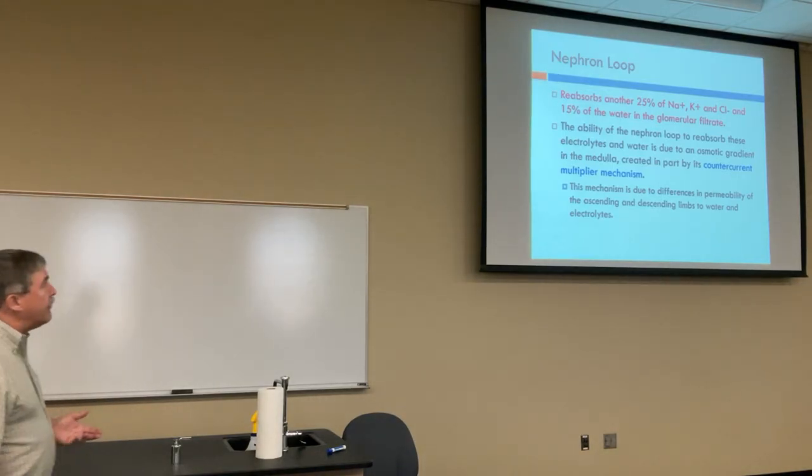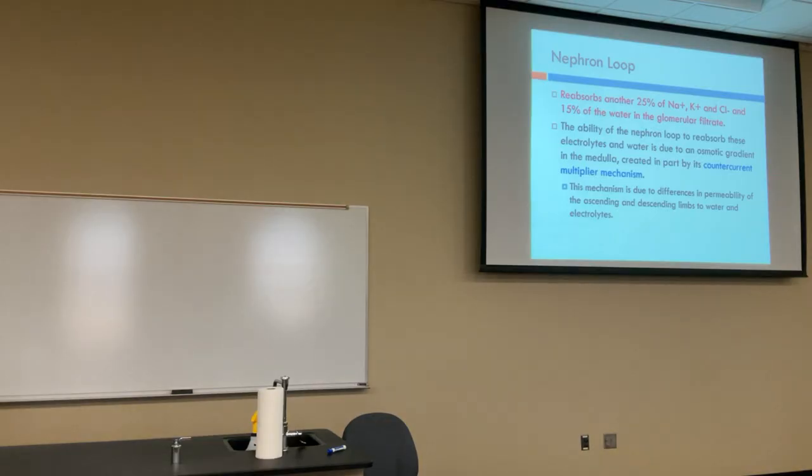The ability of the nephron loop to reabsorb those electrolytes and water is due to an osmotic gradient in the interstitial fluid of the medulla. And that concentration gradient, which becomes more and more concentrated as you go deeper into the medulla, is formed by a mechanism called the countercurrent multiplier.